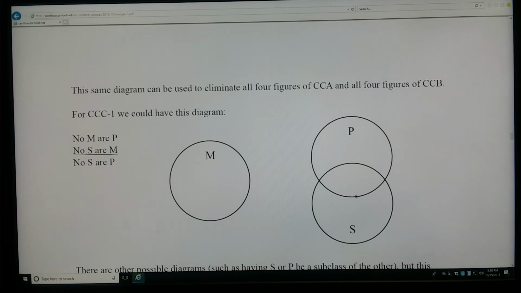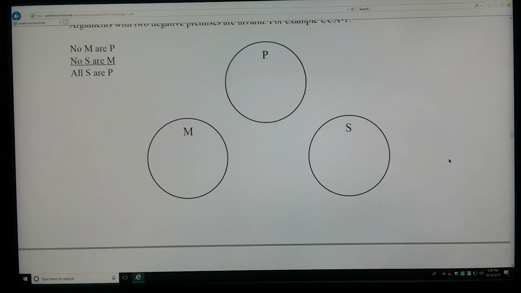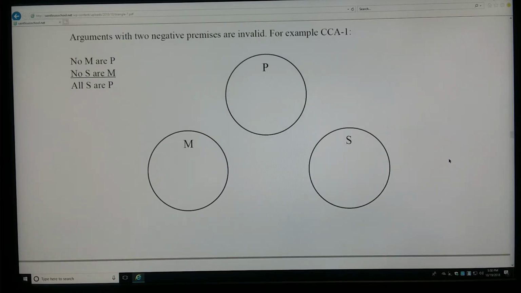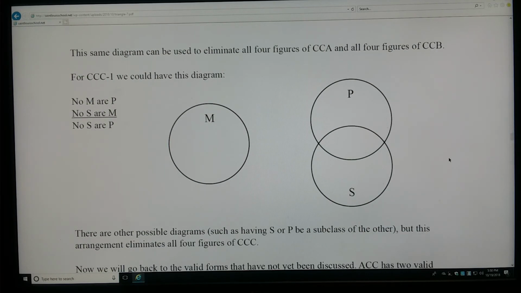But they could overlap. There's no particular reason why they can't overlap. So we shouldn't think that no S are P would follow either. Once again, nothing follows with certainty from just those premises. So it's just going to be an invalid form.